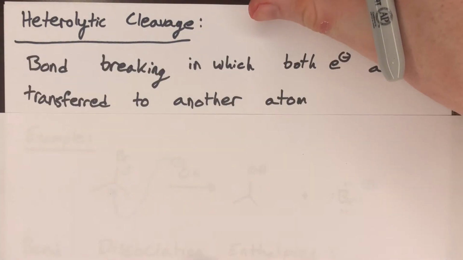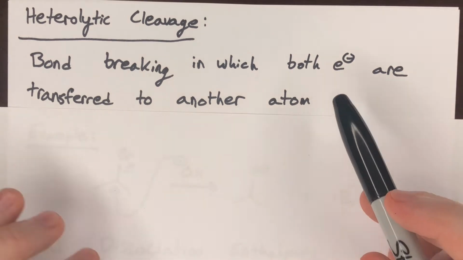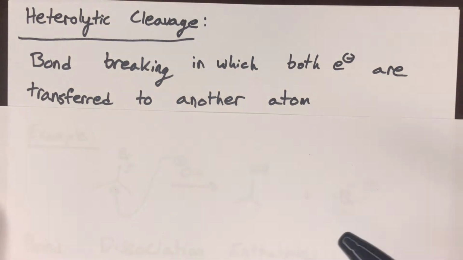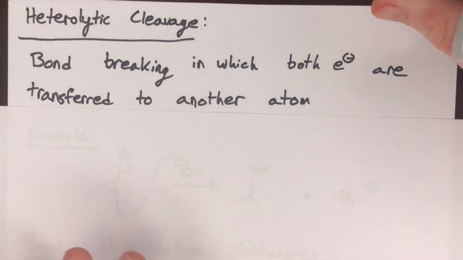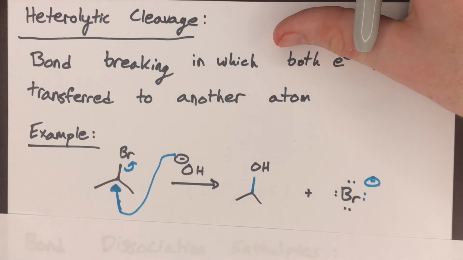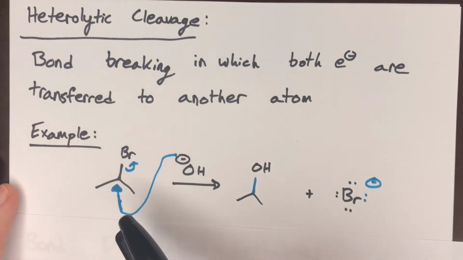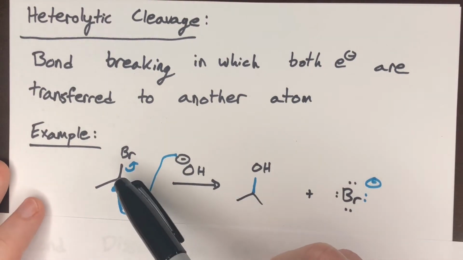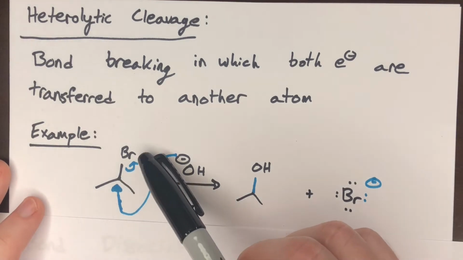This is a type of bond breaking in which both electrons involved in the bond are transferred to another atom. So this is the much more typical type of bond cleavage that we've already seen in all of the other videos, and it involves the double-headed arrow in which the 2 electrons involved in this bond are moving to this bromine.